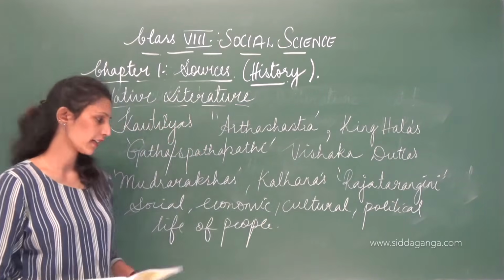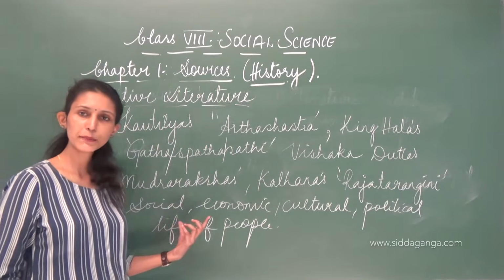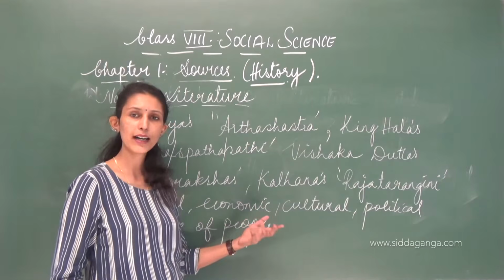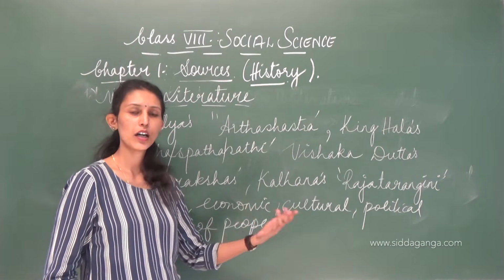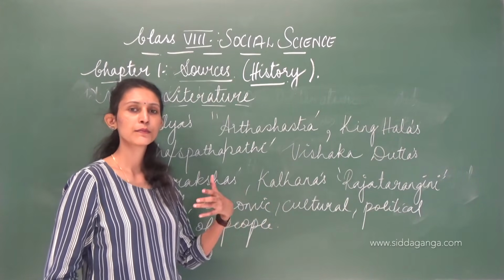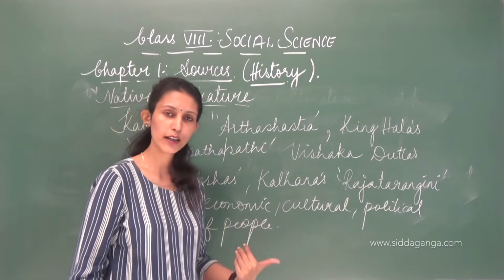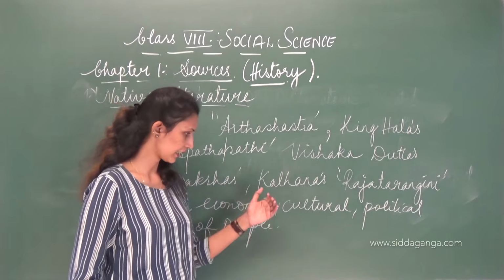These works tell us how people were living, their social and economic conditions, their occupations, and what kind of profession they were in so that they could live their life.